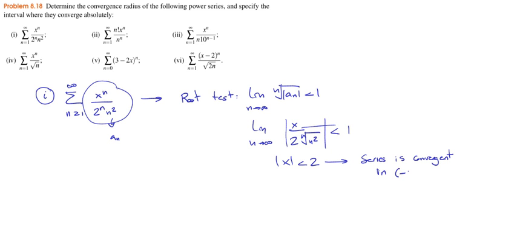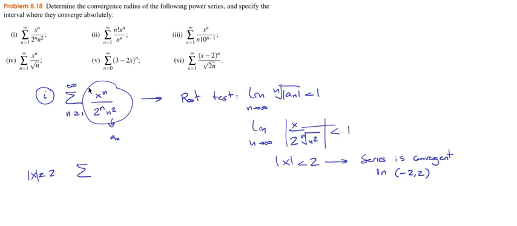in (-2, 2), right? And now in the extrema of the interval, which in this case is 2, we need to test it case by case. So what happens at the absolute value of x equals 2? We want to see if it converges absolutely.